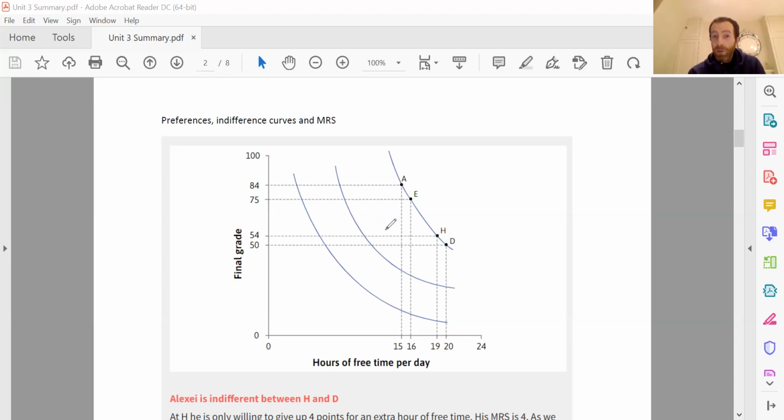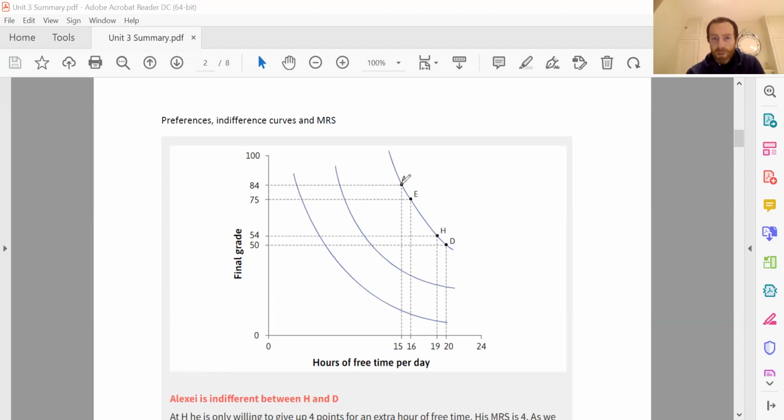Now, a second really important thing that we can get from looking at an indifference curve is what's called the marginal rate of substitution. It's what the person is willing to sacrifice of one good to get more of another.